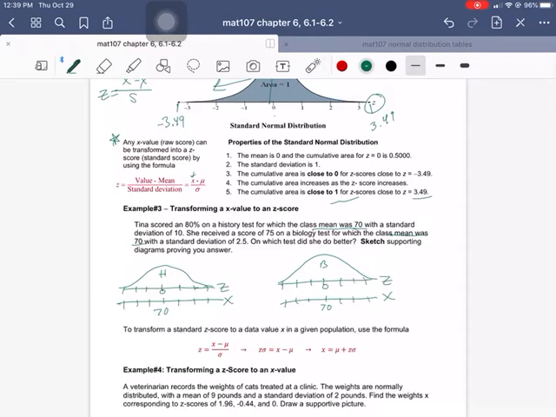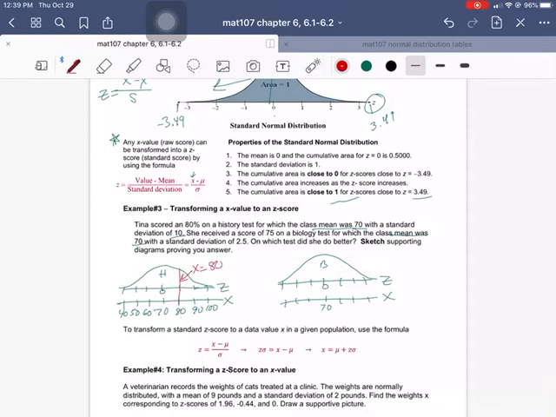Okay, so let's look at the history test first. It says the class mean was 70 and the standard deviation was 10. So 1 standard deviation is 70 plus 10, which is 80, 90, 100 for 3 standard deviations on the high side, 60, 50, 40 for the low side. All right, and her score was an 80, so she scored right there.